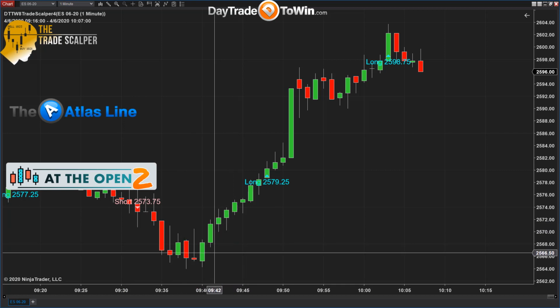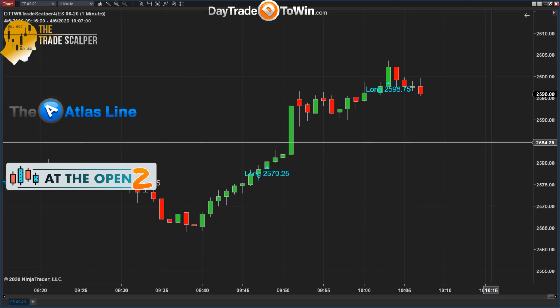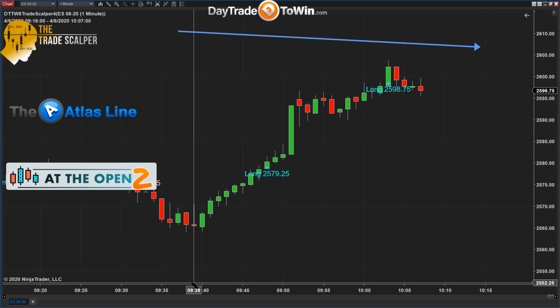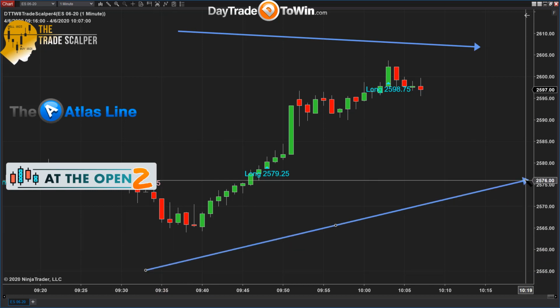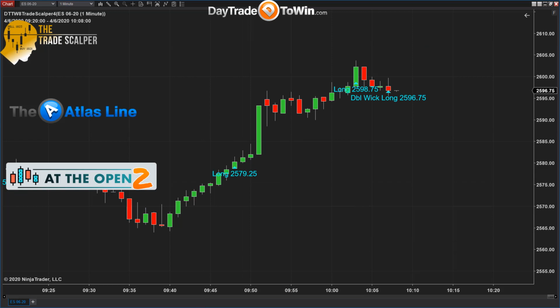The Atlas line is a little bit of a longer time frame where it plots a line. It could be plotting a line here above, or it can be plotting a line here below. But the Atlas line is saying go long when price is trading above the Atlas line, or go long when the market is trading below the Atlas line.